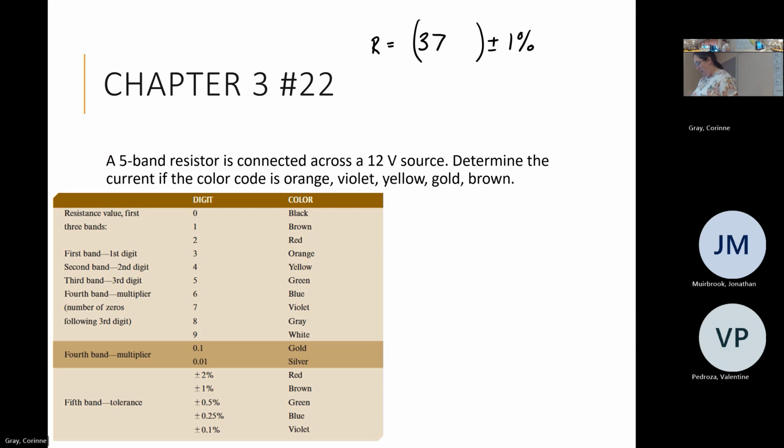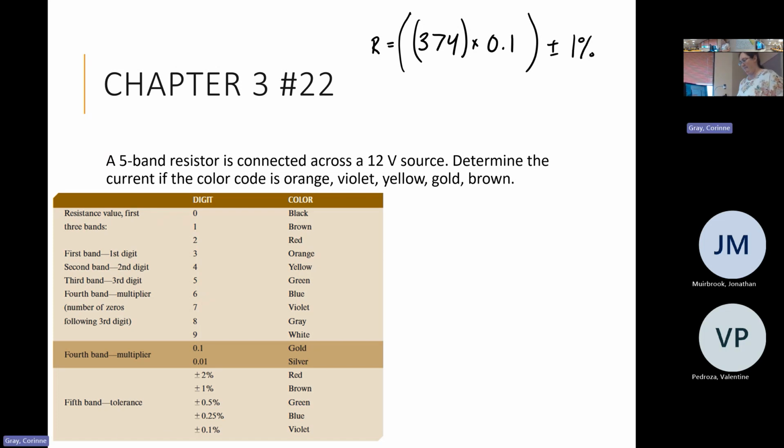Okay, so with this 4th band multiplier, we take our original values. I'm going to multiply it by 0.1. And then I have a tolerance value of plus or minus 1%. That is how that was supposed to work. So our actual resistance value is going to be 37.4 plus or minus 1%.